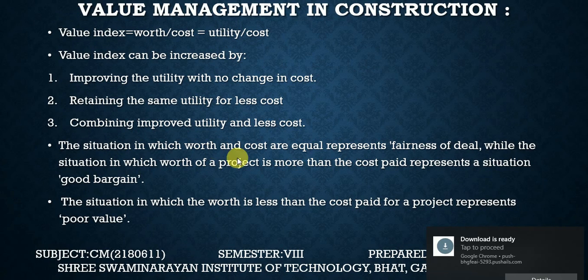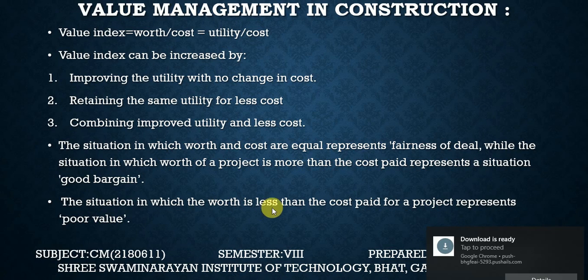The situation in which the worth and cost are equal represents fairness of the deal, while the situation in which the worth of the project is more than the cost paid represents a situation of good bargain.